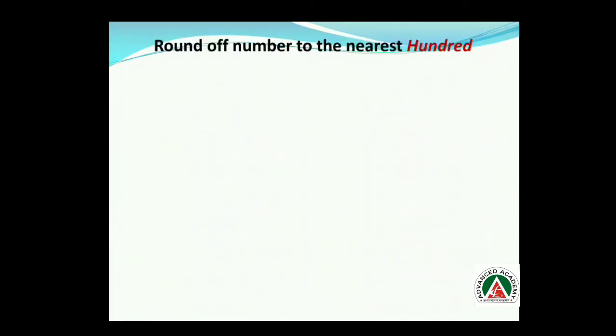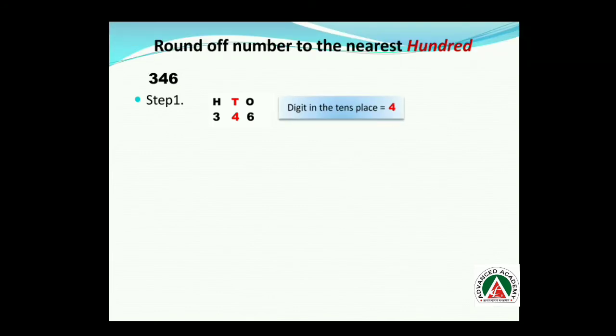Okay, now take some examples of rounding a number to the nearest 100. Let us take 346. We will go step-wise. Step 1, we just write this number in place values and notice the previous place value. What is the previous place value? We have to round off till 100, and the previous place value digit is 4, at the tens place.